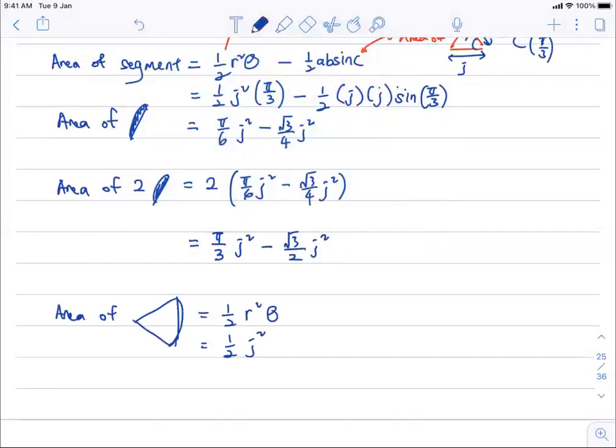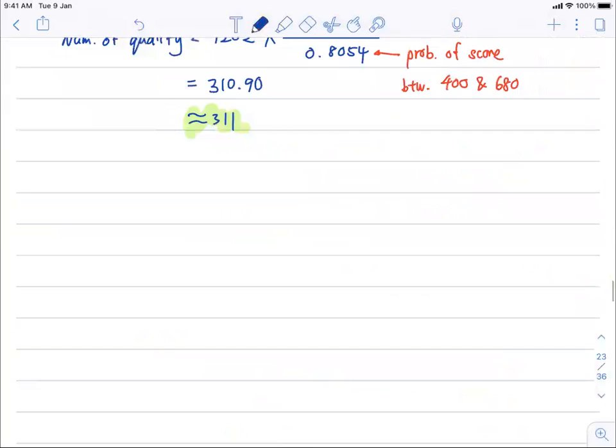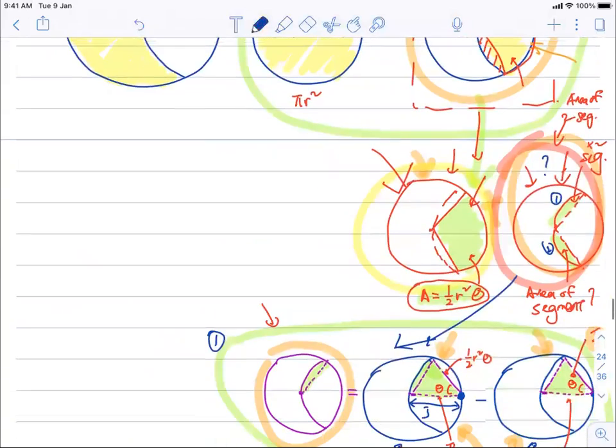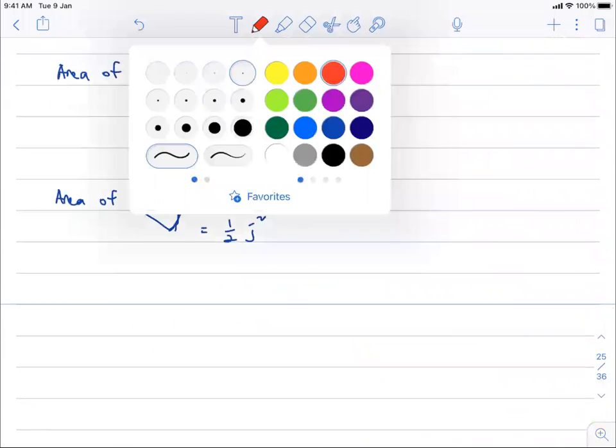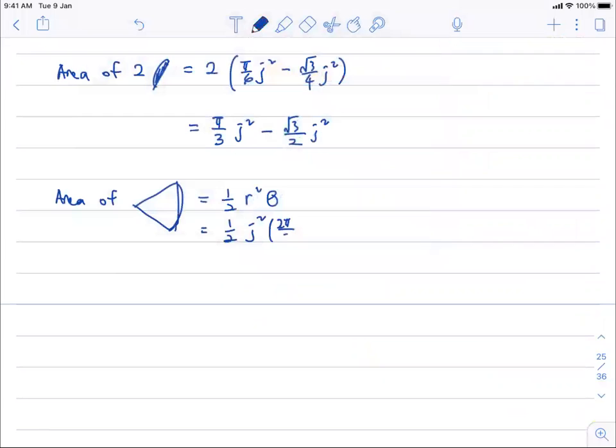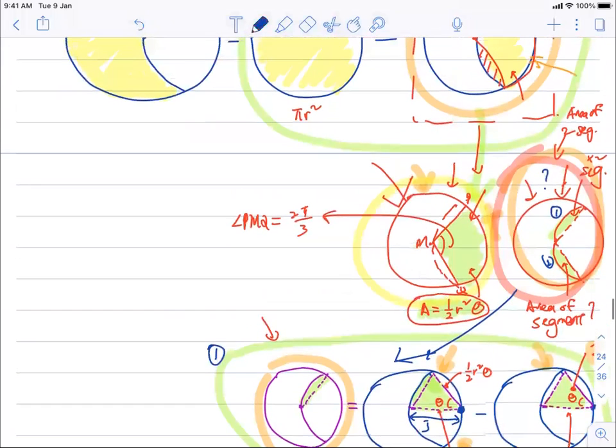R is J. Theta is 2 pi over 3 because this angle PMQ is 2 pi over 3. So substitute in theta 2 pi over 3, and it is equal to pi over 3 J squared.